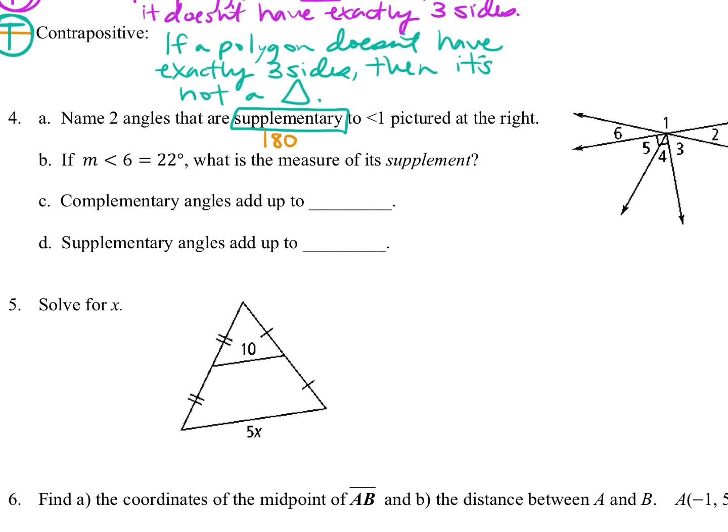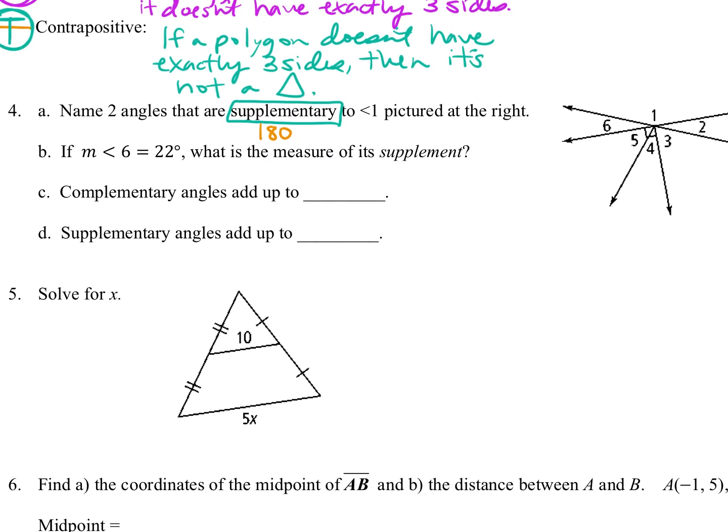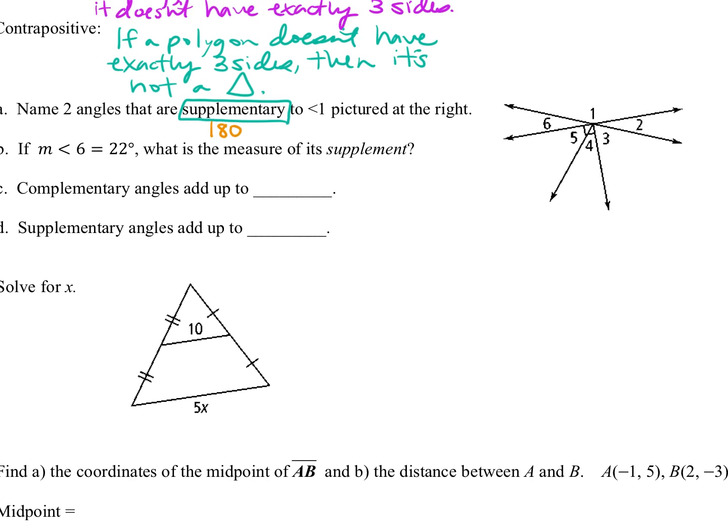Okay, number 4 here. It says name 2 angles that are supplementary to angle 1. So here's angle 1. If they're going to be supplementary to that, what's going to happen? They have to add up to 180. What adds up to 180? When it makes a straight line.